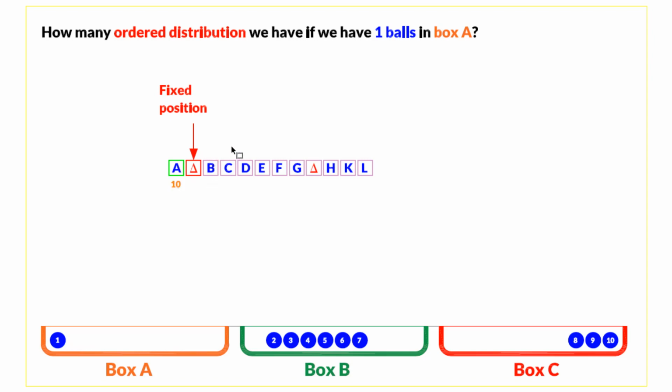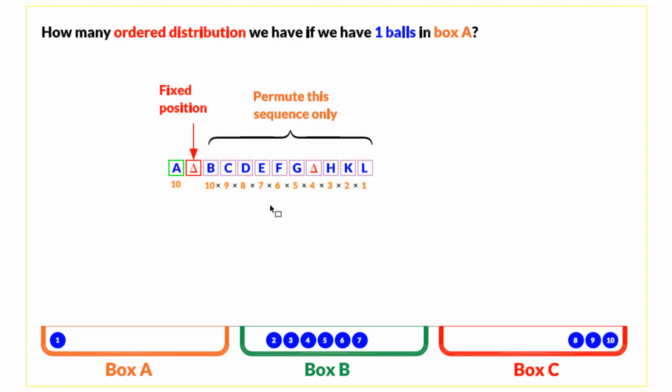And in how many ways can we distribute the rest of the balls in box B and C? The number of ways is the number of permutations of the sequence here. So we have to permute this sequence in order to know that. How many objects does this sequence have? It has 10 objects. So B can be chosen in 10 ways, C can be chosen in 9, D can be chosen in 8, and so on.